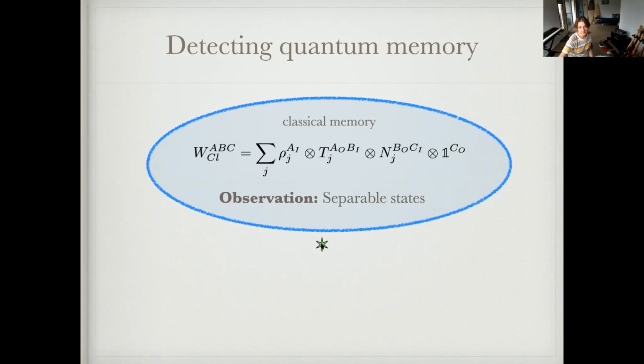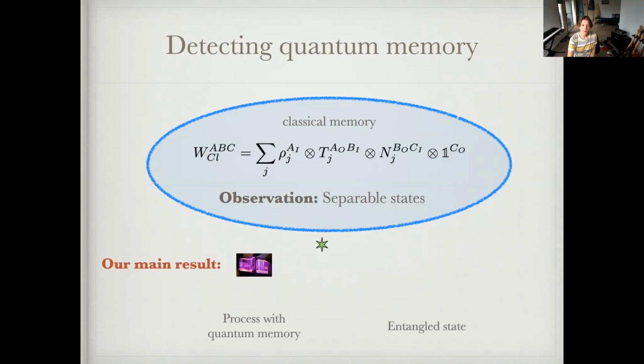So this means that if there is a point that is outside, from the process matrix perspective, it's a process matrix that has a quantum memory, because it's outside the set of classical memory. And from the perspective of states, it's an entangled state. So this is our main result: using the process matrix formalism, we could write down the process with a classical memory as a separable state.